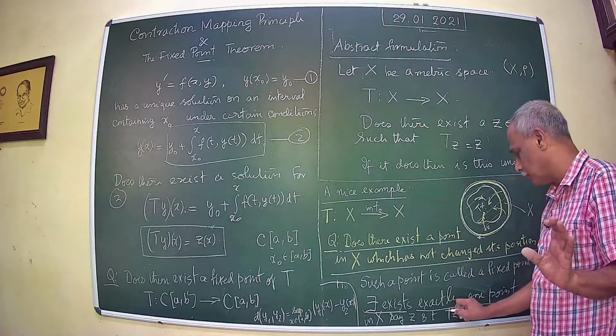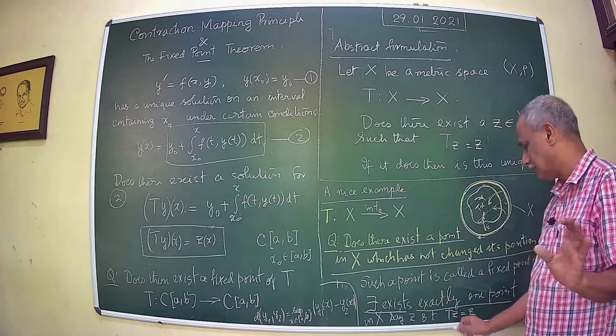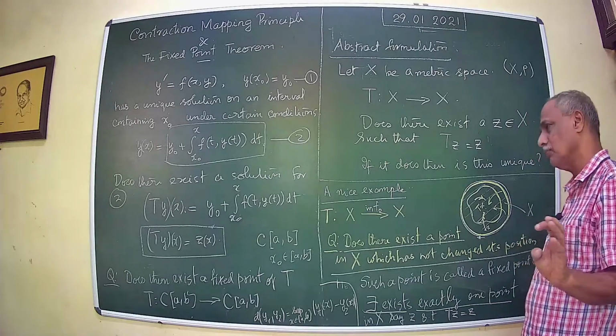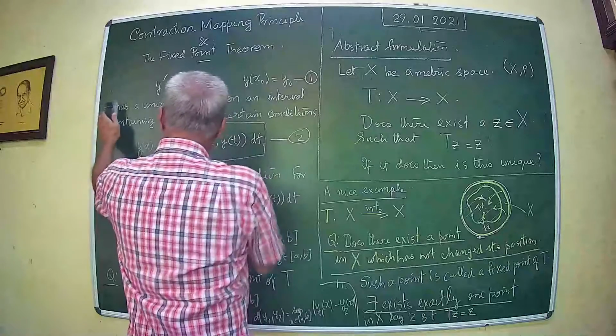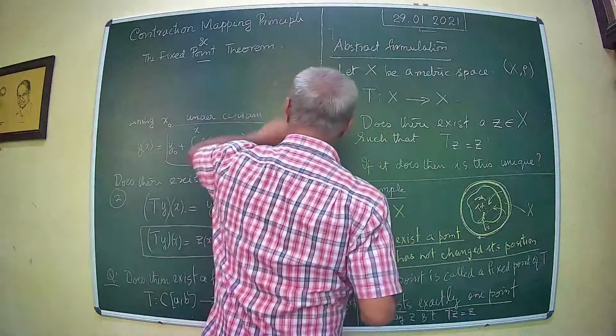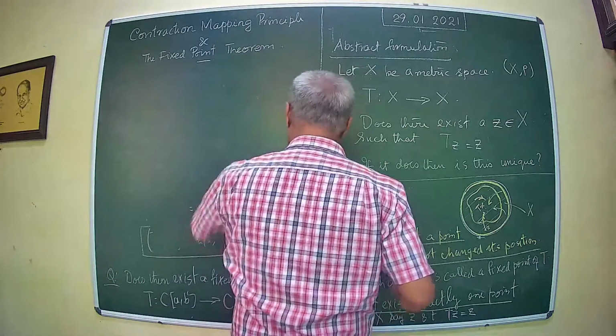What you are going to prove is that there is exactly one point in X such that Tz is equal to z. This is the fixed point theorem. Now let me more carefully formulate it and then possibly suggest a proof of this.